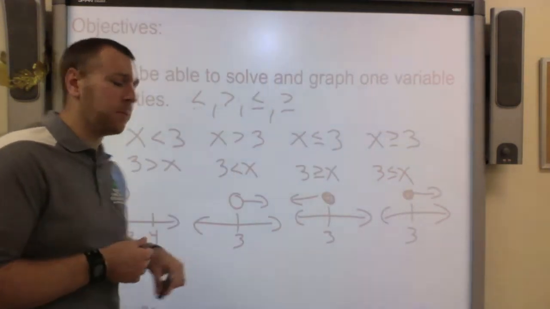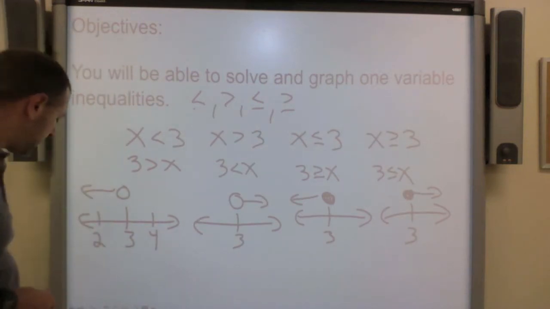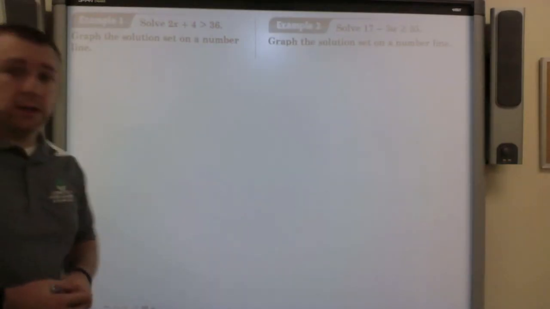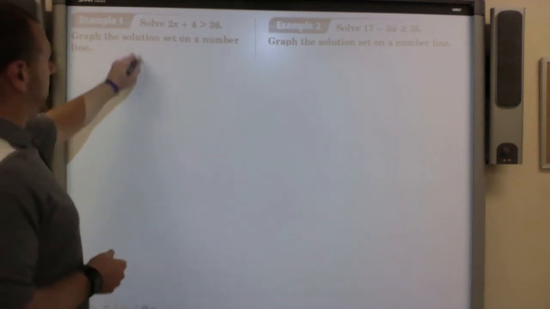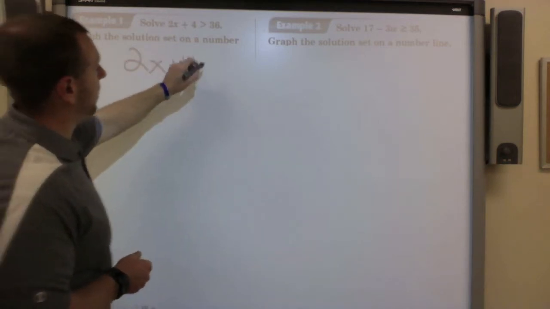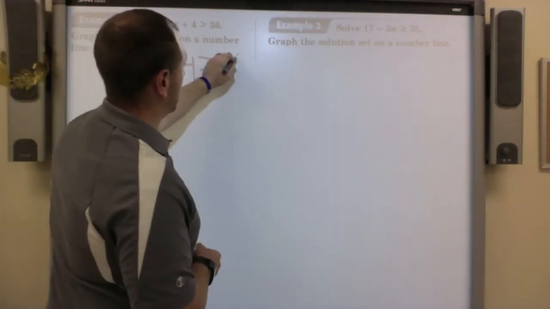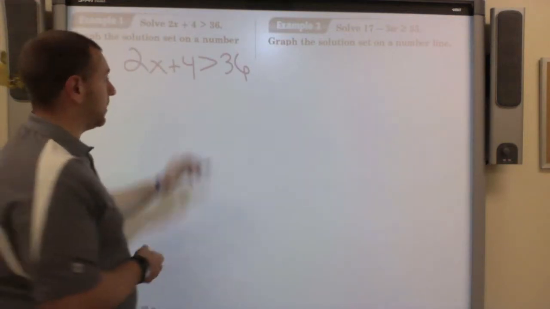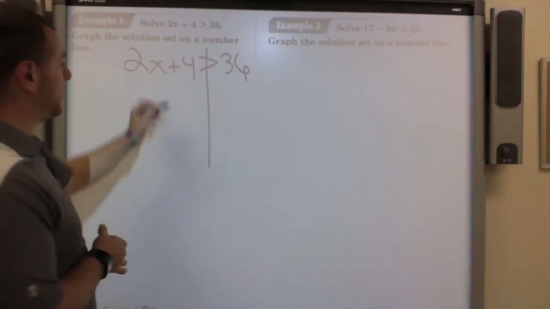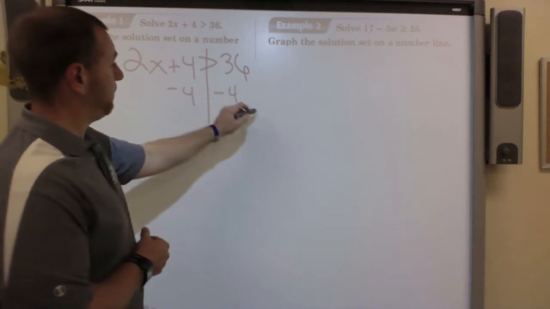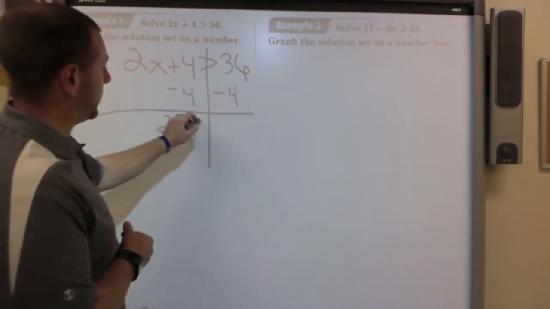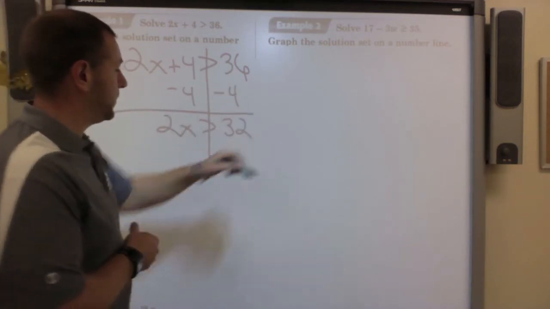So now we can solve some problems. First thing we're going to do is we got 2x plus 4 is greater than 36. Treat it like an equal sign. First step, subtract that 4. You have 2x is greater than 32.